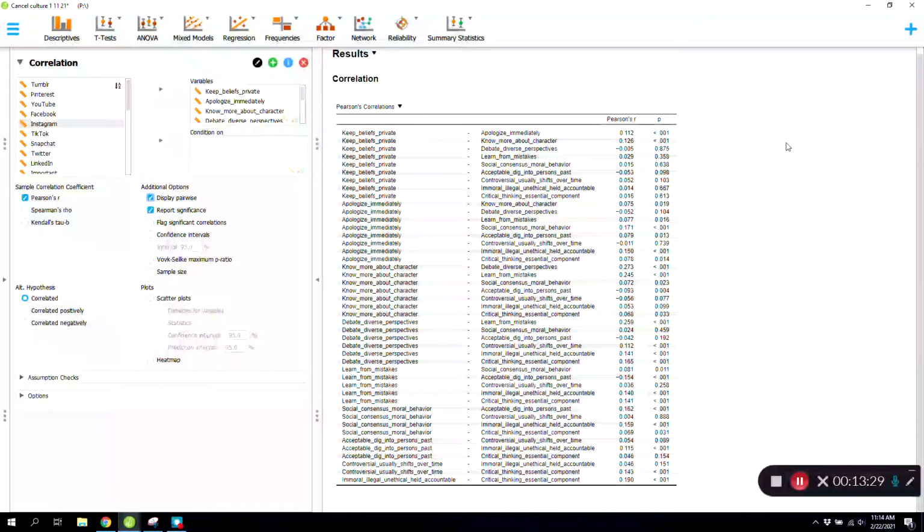Anything higher than 0.05 is not significant. If the test is not significant, we don't do anything with it, because it means the test didn't work. It didn't mean anything. When you see a significance like this, less than 0.001, that indicates it's highly significant. And if you look down here, I'd start there and just glance down.